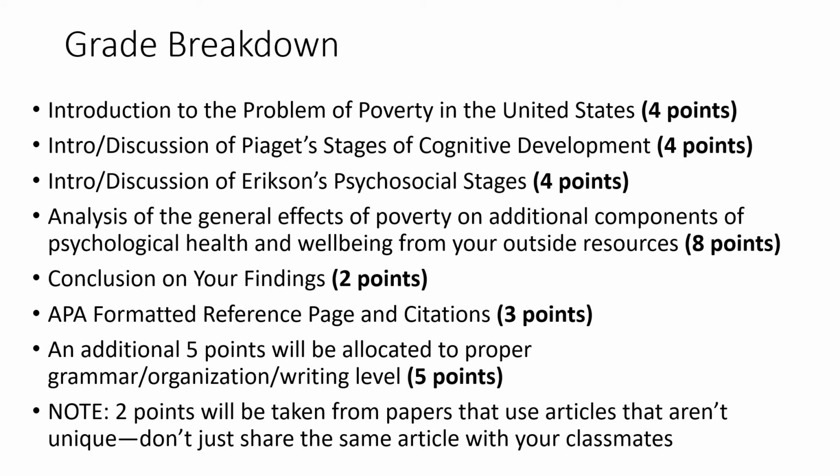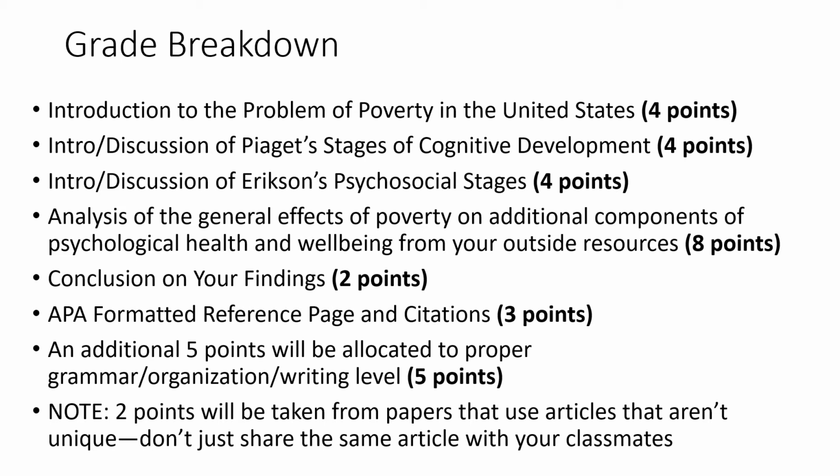Now, for this paper, you are going to earn 30 points, and a lot of it has to do with, again, your description of the topics that you are going to be researching. You want to start this paper off by just talking about the connection between poverty and development in the United States. Obviously, you could potentially go to other places, but finding research on those topics might be a little bit more challenging.